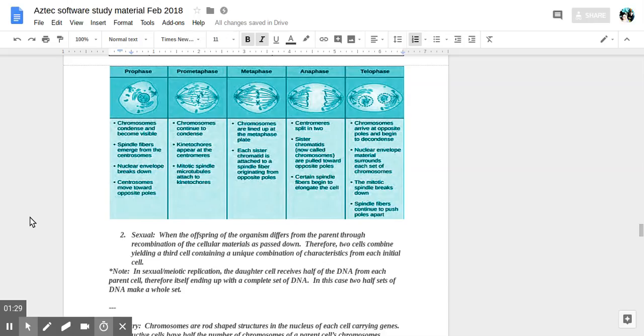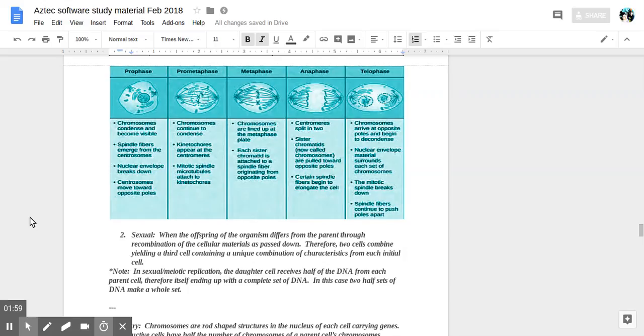They bind the protein fibers of the spindle fibers. They bind, and this is how the chromosomes connect and line up on the spindle fiber. Mitotic spindle microtubules attach to kinetochores on the chromosomes, and they're lined up at the metaphase plate.